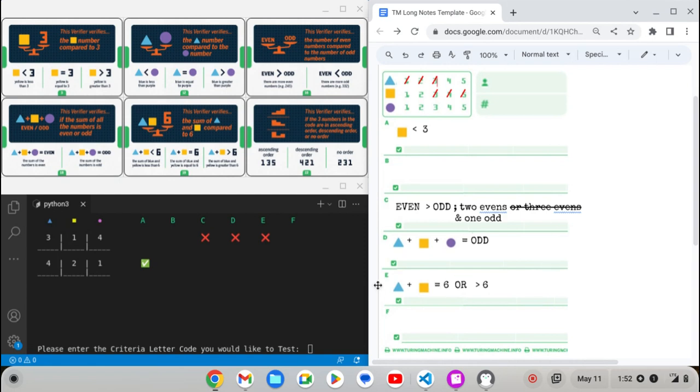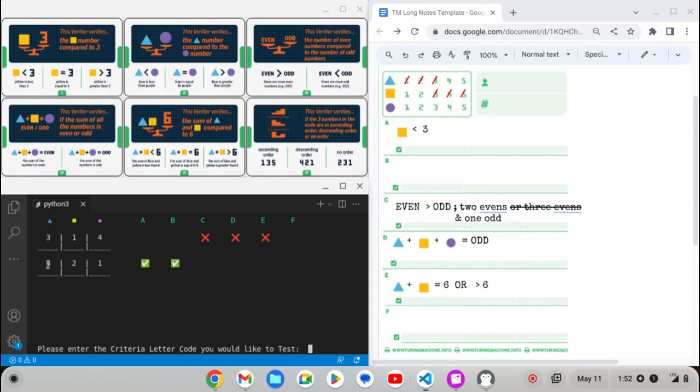Okay, let us compare B. Let's do criteria B. And again, still we don't have anything about purple. I don't think we can say anything about purple just yet. Okay, so B is also correct. So let's take a look at B. Notice that we're comparing triangle and circle.